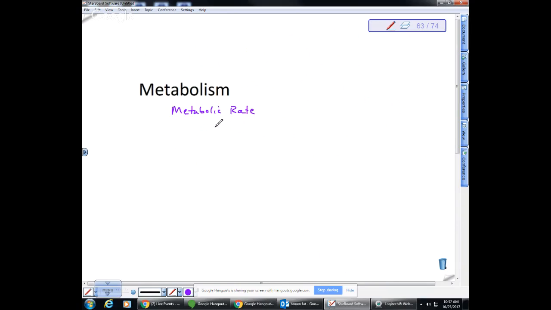And we have the basal metabolic rate. This is the amount of energy that is needed to simply survive. It is usually measured in kilocalories, needed to survive.